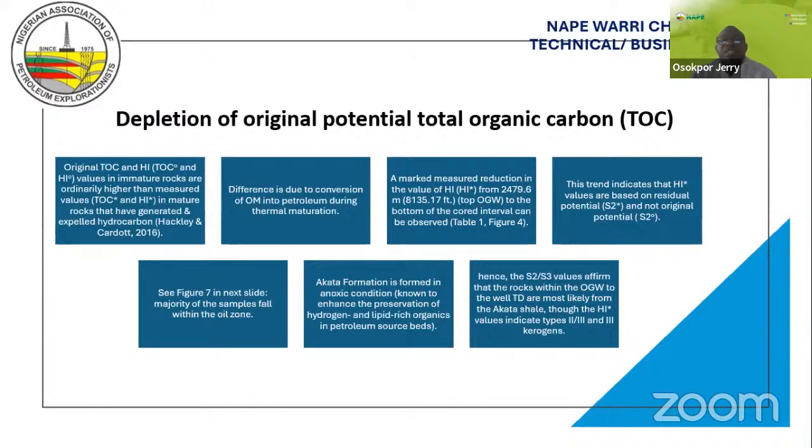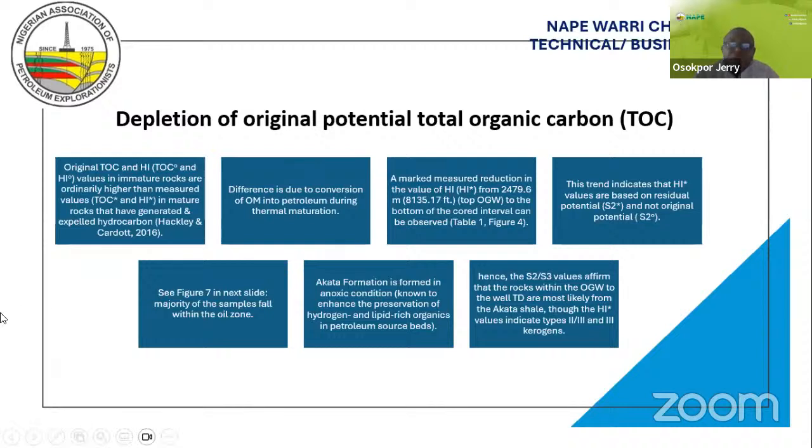Actually, this trend indicates that the HI values are based on the remaining potentials of that rock and not the initial potential, what we call the original potential, depicted as S2 naught. If we check the next figure, we'll see what we're trying to say.